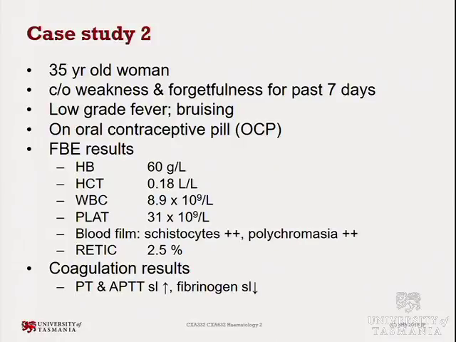The PT and the APTT is slightly increased, her fibrinogen is slightly decreased, which means that it's probably been active, but it's probably not the major focus of her bruising here. It's more likely to be something to do with her platelets. Okay? Does that make sense to everybody? Okay, so again, keep this in mind as we're going through, particularly the platelet count, the blood film, and the coagulation results.